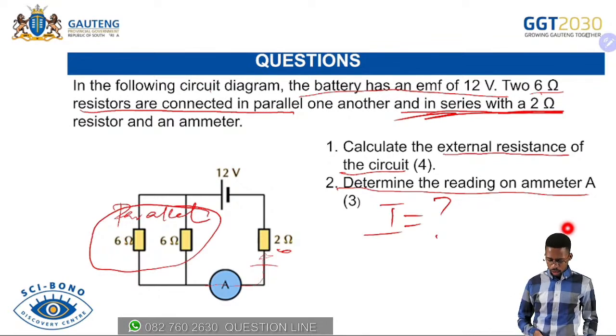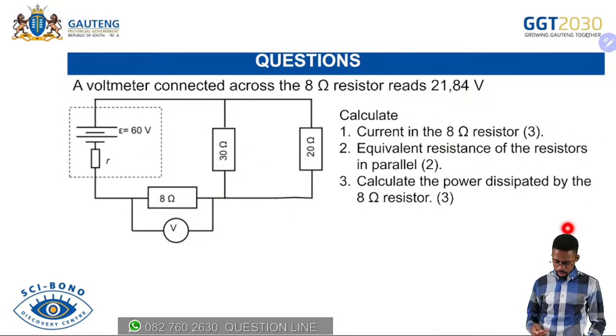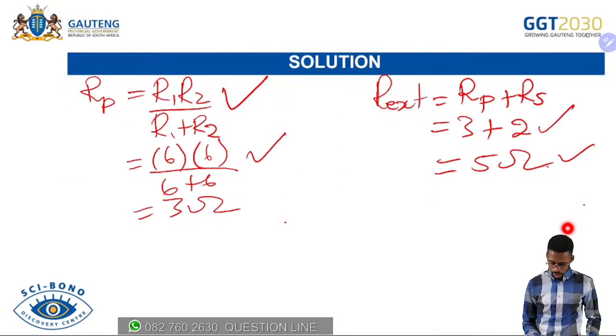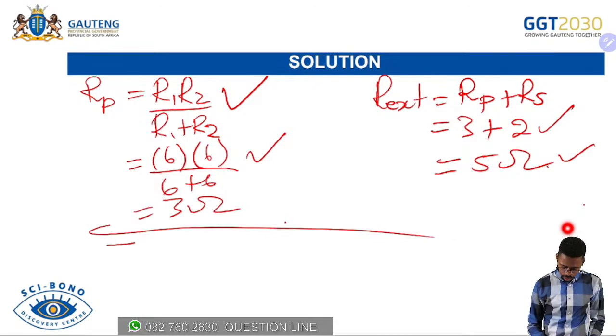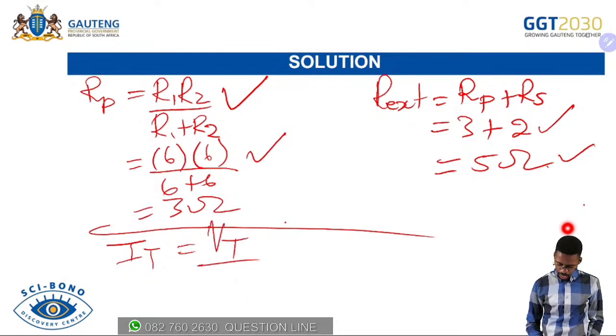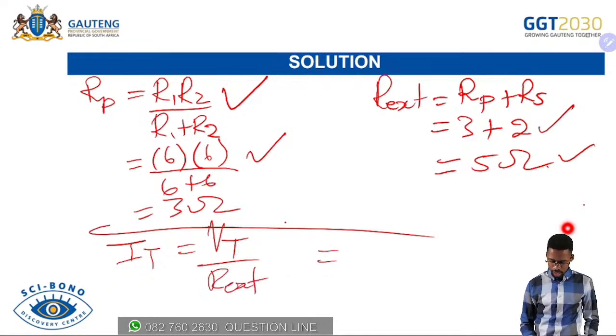For us to get the total current, we are going to say I total is equal to V load divided by R external. We're told that the battery gives the circuit 12 volts, divided by R external, which is 5 ohm.